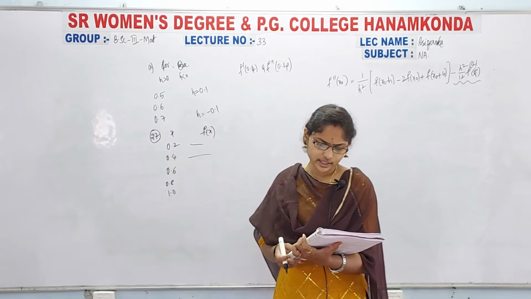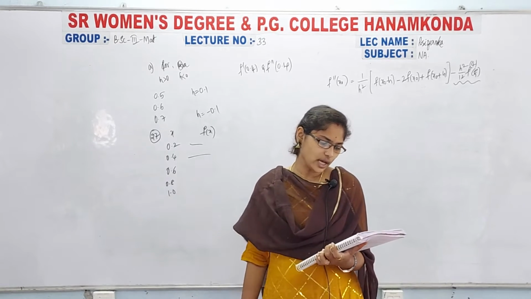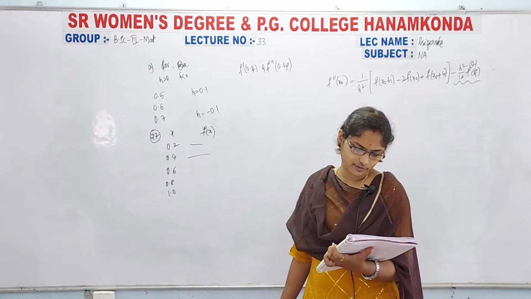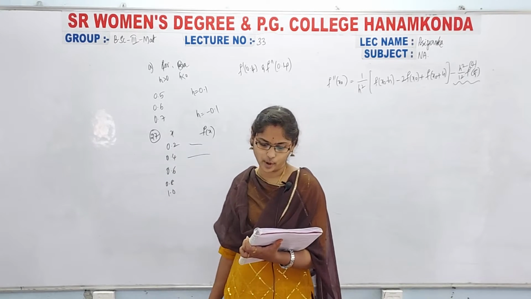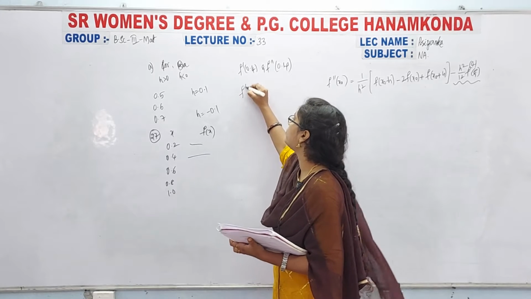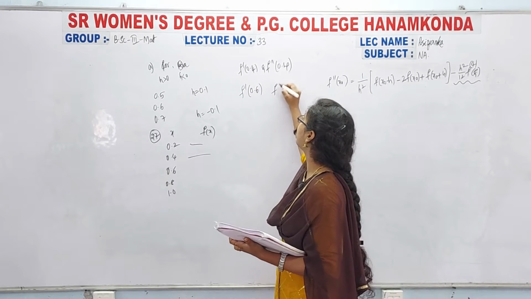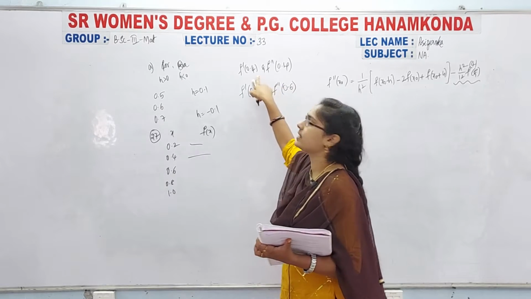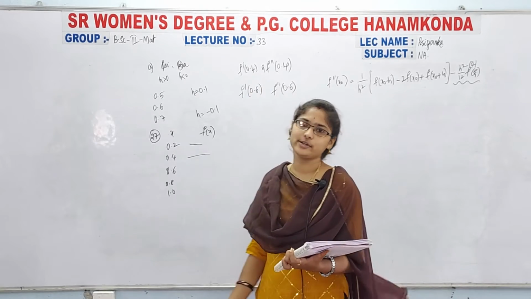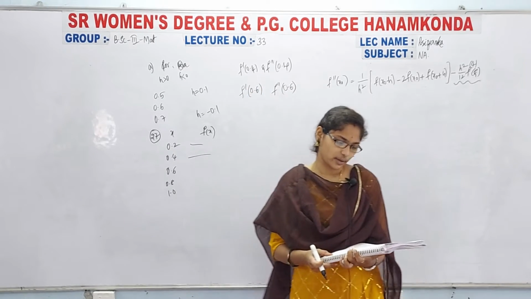Okay, in the same way they are asking in the b bit to use all the approximate formulas given in the section to approximate f dash. Same formulas usually, but here we have to calculate for 0.4 and for 0.6. Okay, so this is nothing but 27.